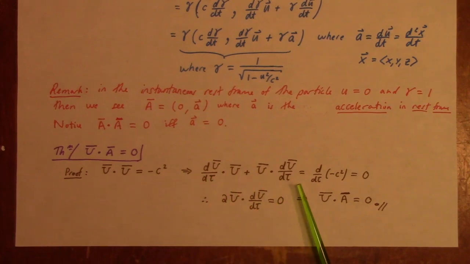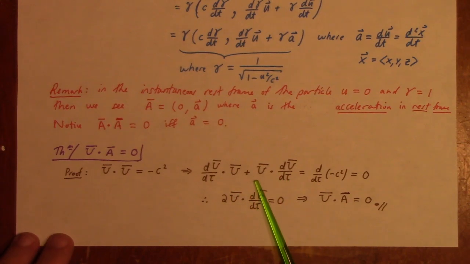I guess I've never proved this. That would be a good homework problem for you guys to do, because pretty much anytime you have a product which is bilinear, if you compose the bilinear product with functions of time and you differentiate, you're going to get this kind of product rule.